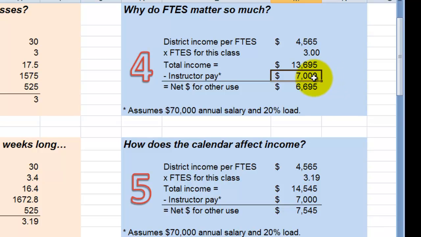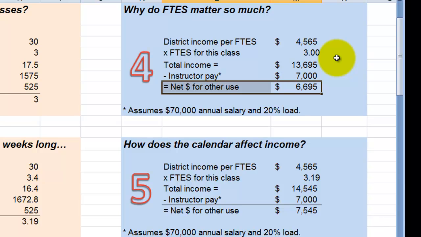Nevertheless, when you take out the amount that the instructor is paid, the $6,695 is the amount of money that's left over for other use within the district. For any other use, that could be the benefits that are associated with the instructor pay.